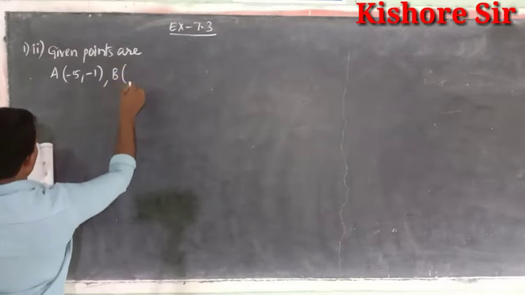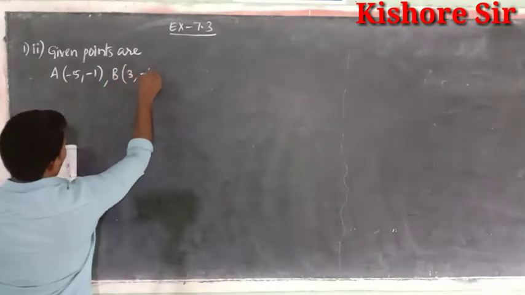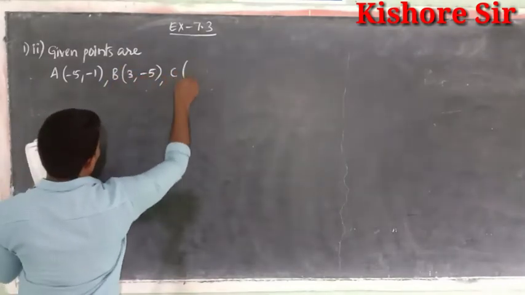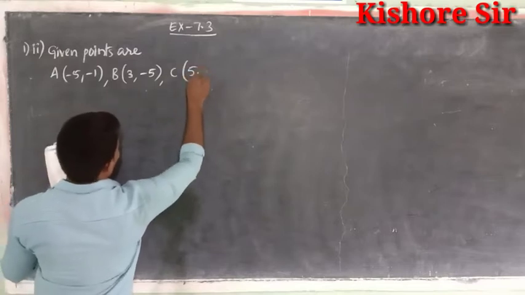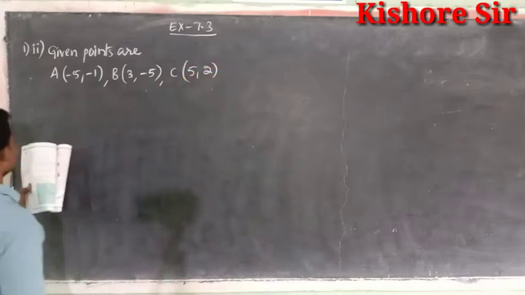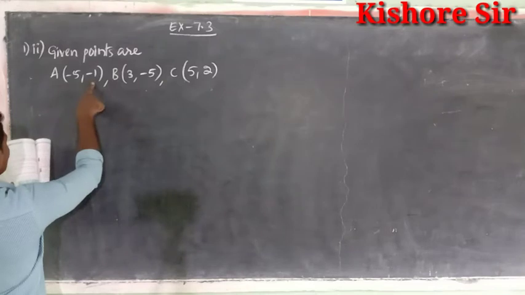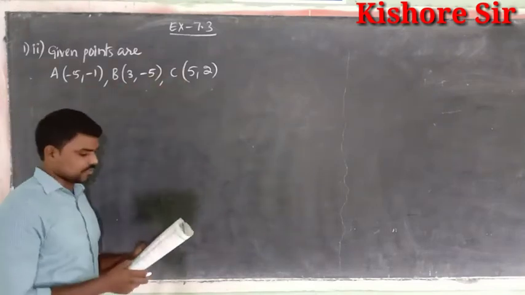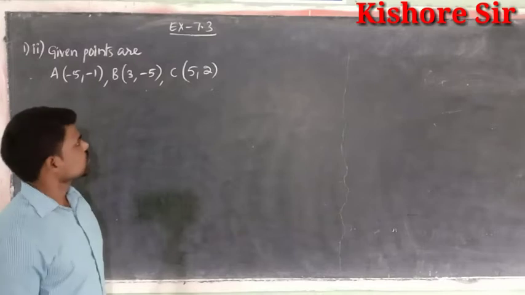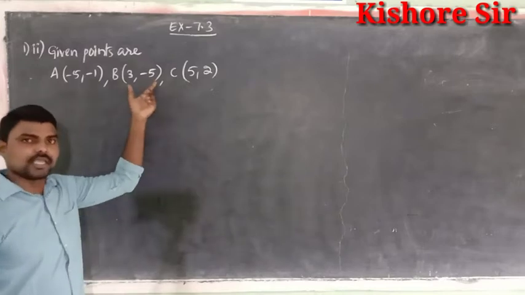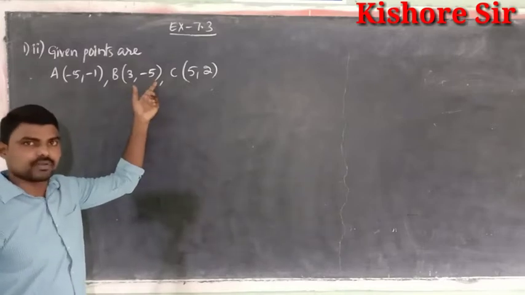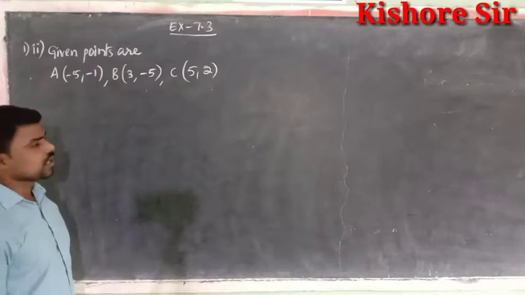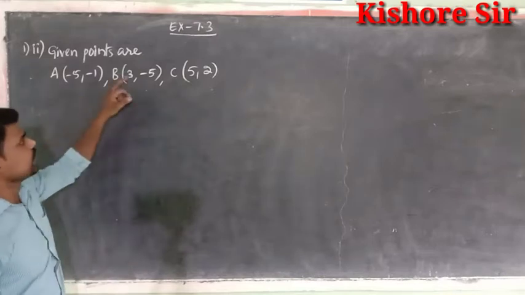Second point B 3 comma minus 5, and final point is C 5 comma 2. So these are three given vertices of the triangle. We have to find area of the triangle ABC.